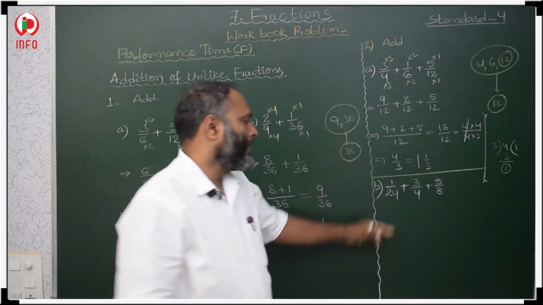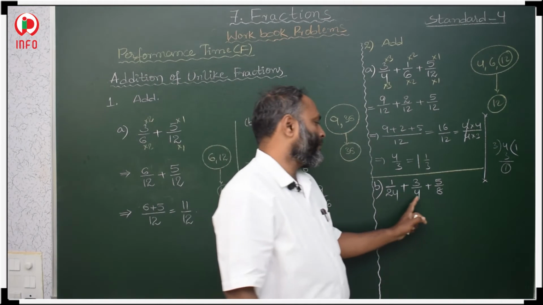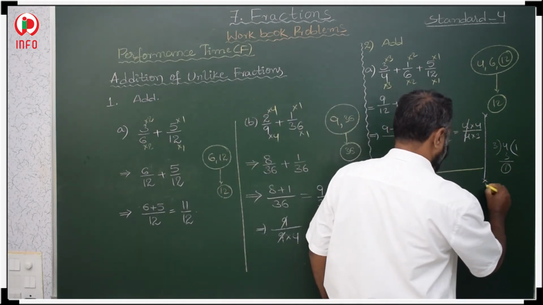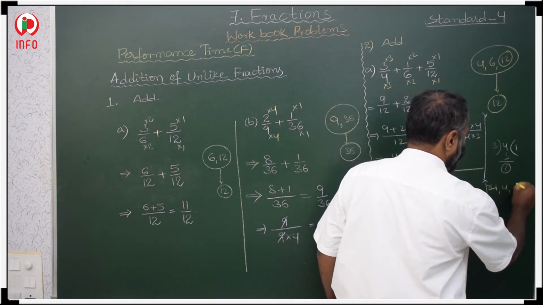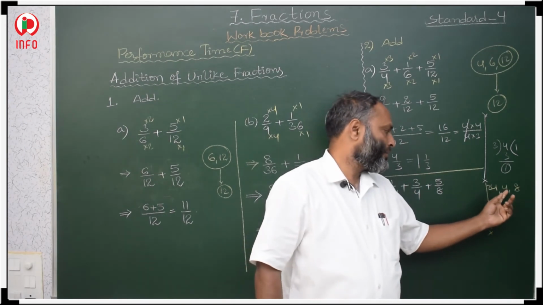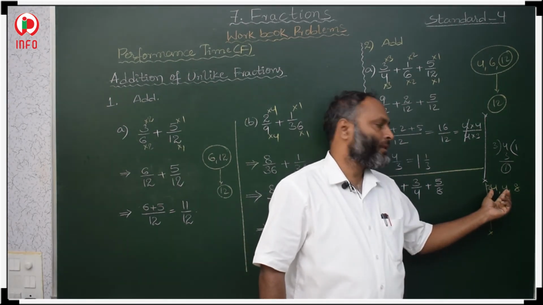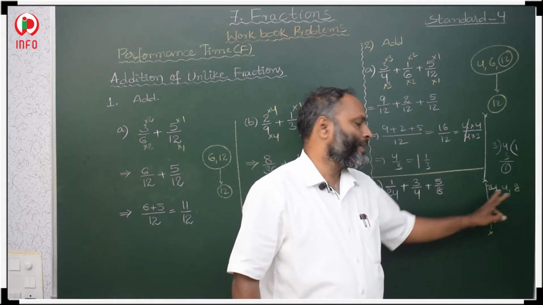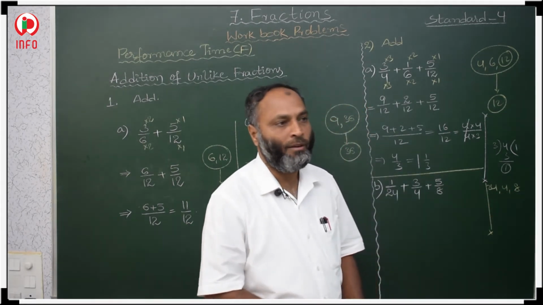Now the second one. We have to take the second question, with 24, 4 and 8 as these three denominators. 4 6s are 24, 8 3s are 24. So 4 and 8, these two are factors of 24.